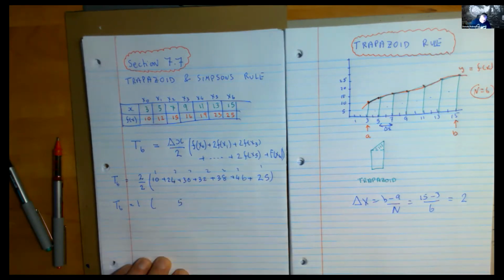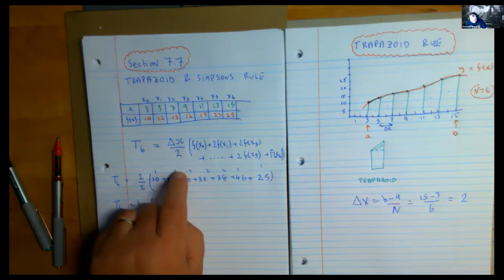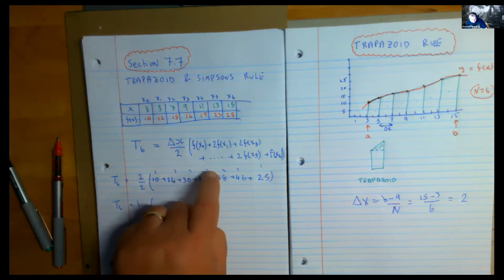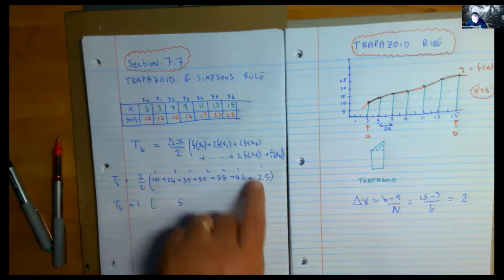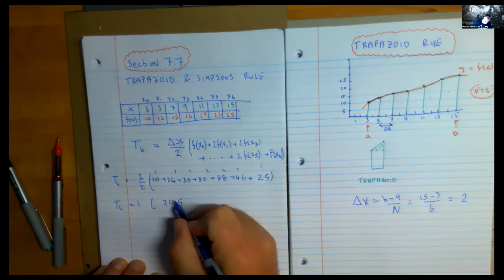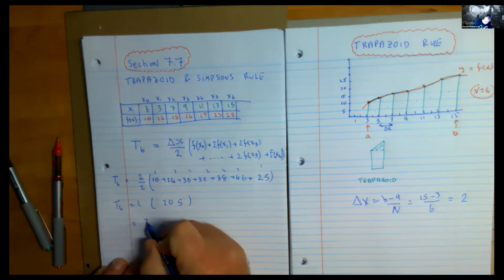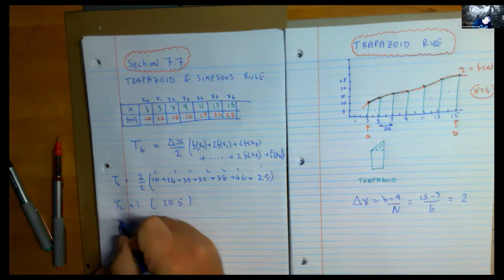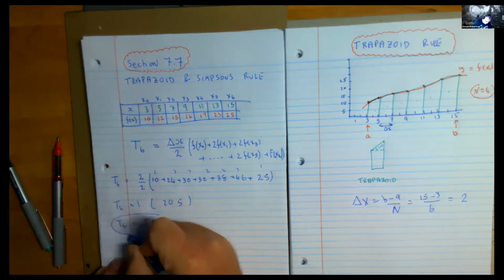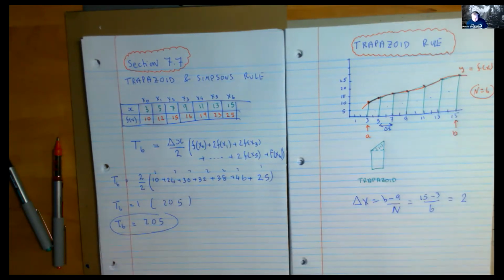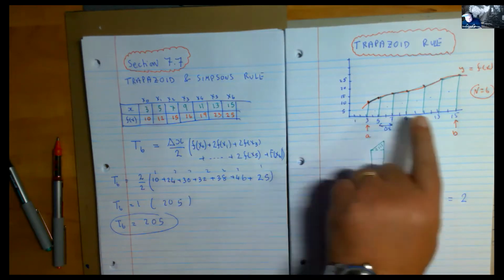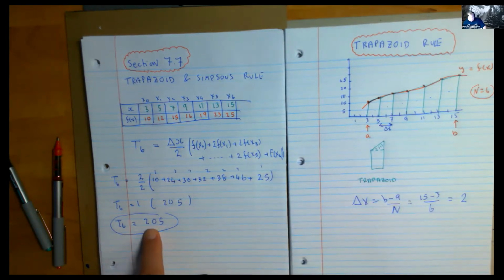So put down a 5, carry 2, 3, 4, 5, 6, 7, 8, 9, 10, 11, 14, 18, 19, 20. I get 205. And there we go. The area under this curve, starting at 3 and finishing at 15, is 205, whatever it is, square units.